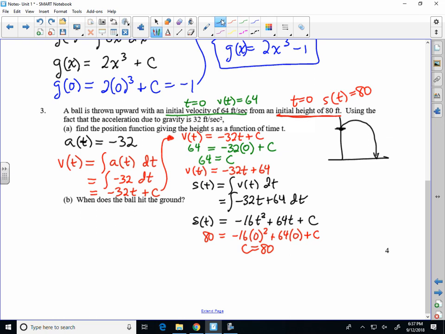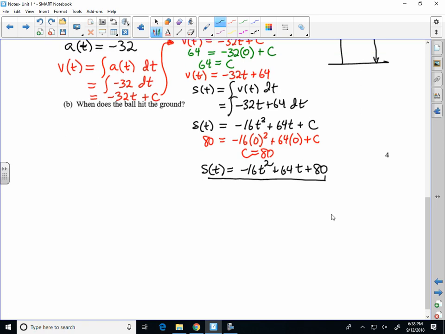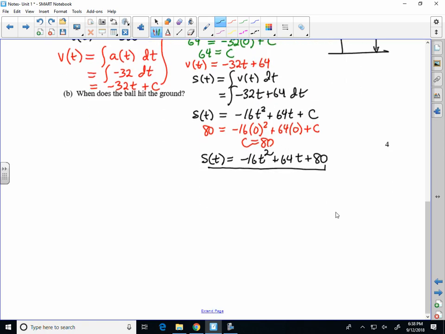And we have S of t is equal to -16 t squared plus 64 t plus 80. Position function, yeah, S as a function of time. All right. So there you have it.